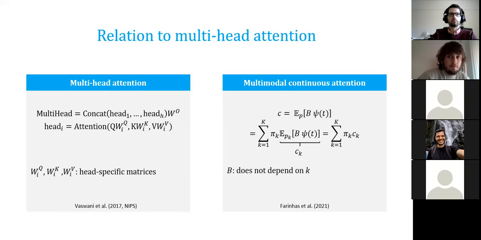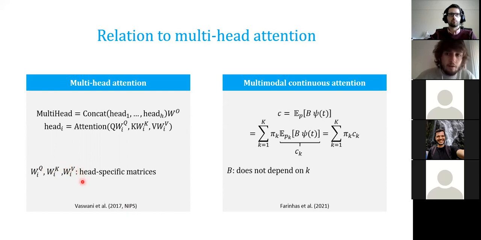An interesting fact is that our multimodal attention has some similarities with the multi-head attention introduced in the original transformer paper. So we can think of each component of the mixture as if it were a different attention head. And the key difference here is that in the multi-head attention scenario, these projection matrices that are learned as model parameters are head specific.